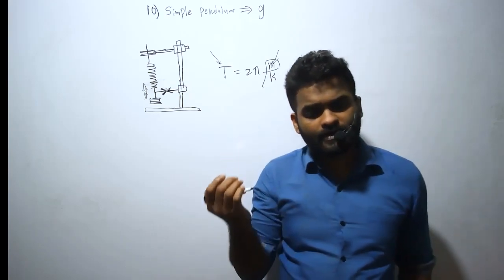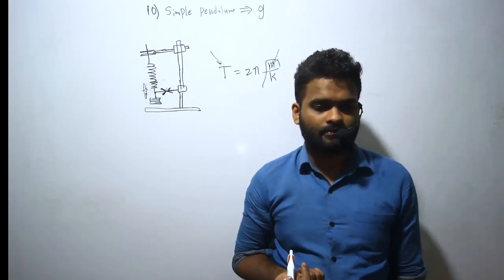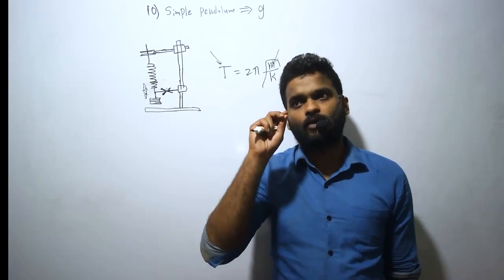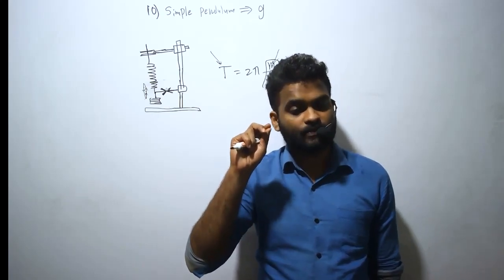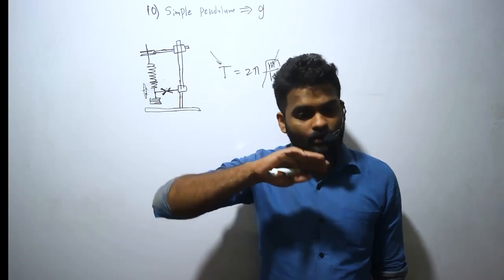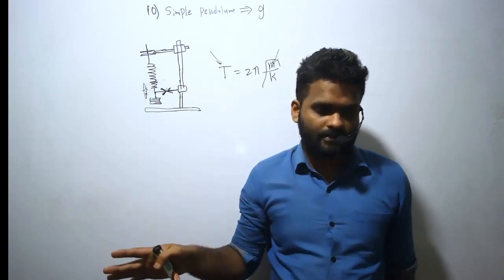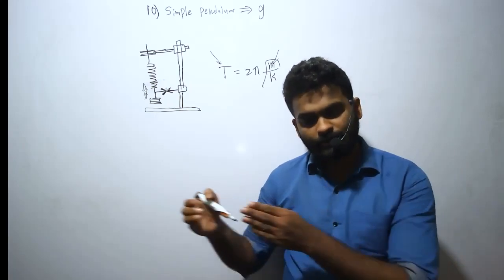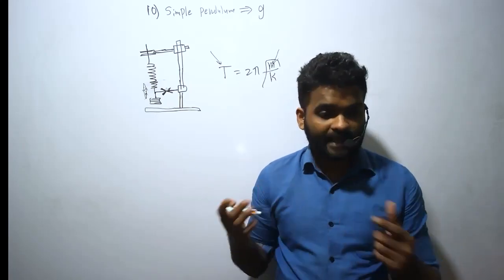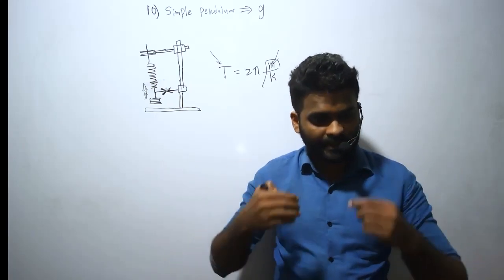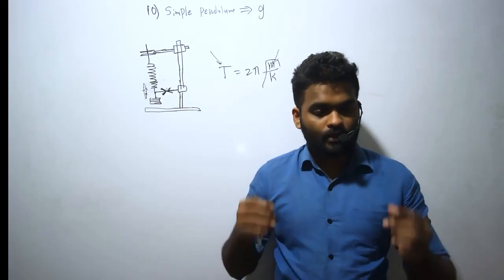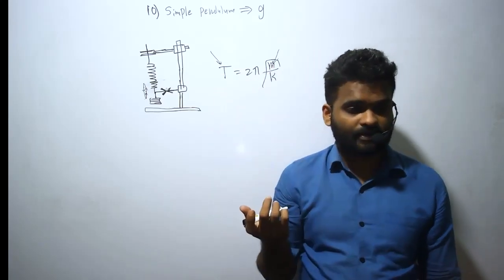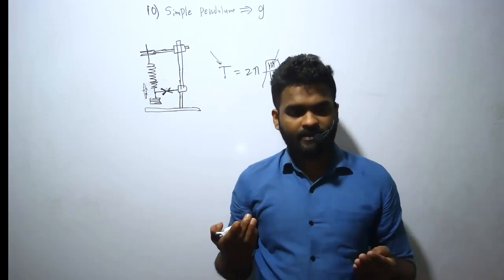So how do we say an equation is right? Whenever you have to make sure that an equation is right, you have to go for the graphical method. So that is another reason for going for the graphical method. There's no other experimental method to say that the equation is right. You cannot just put two numbers and say that this equation is right. You have to verify the equation.